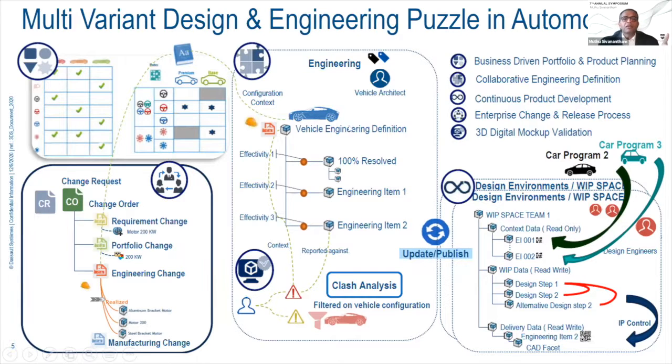What you see in the middle of the chart is the engineering bill of material that even Gary alluded to at the beginning of the meeting. The engineering bill of material is not just about CAD alone, right? You have to bring in the metadata relating to the configuration, the model, the options, and what should be produced when.